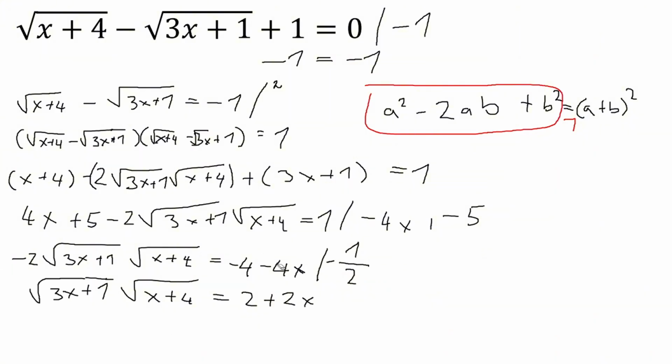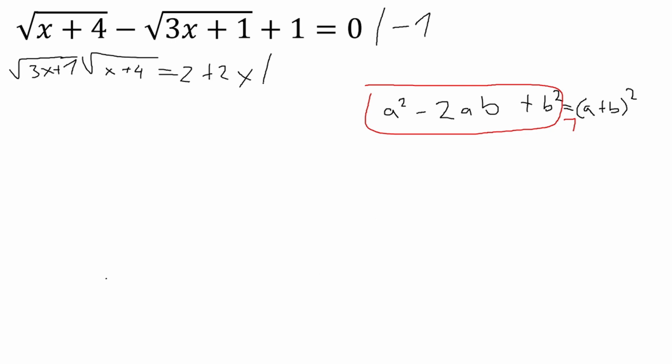I'm running out of room, so I'm going to quickly get rid of this, and we're going to continue. So now we're going to do another non-equivalent change to the equation.